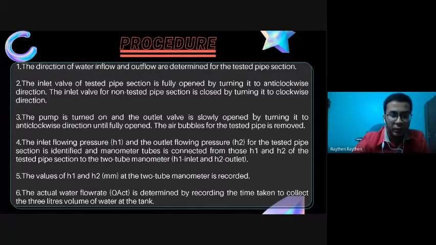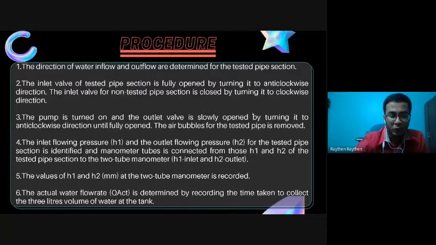Next, the inlet flowing pressure H1 and the outlet flowing pressure H2 for the tested pipe section are identified, and manometer tubes are connected from those H1 and H2 of the tested pipe section to the two tube manometer H1 inlet and H2 outlet. Fifth step will be the values of H1 and H2 at the two tube manometer are recorded.